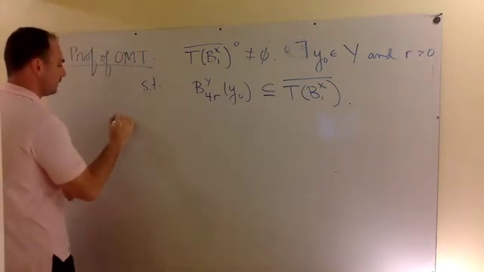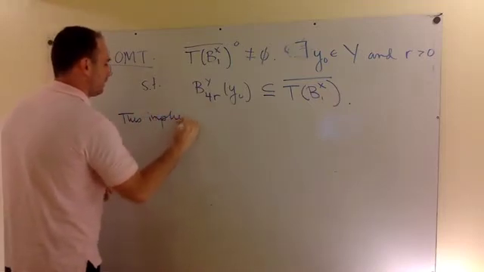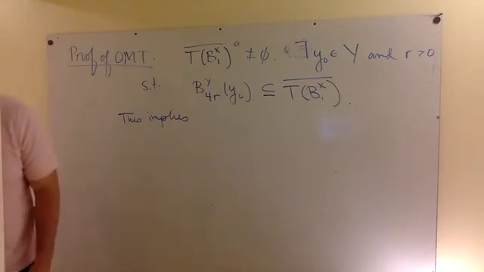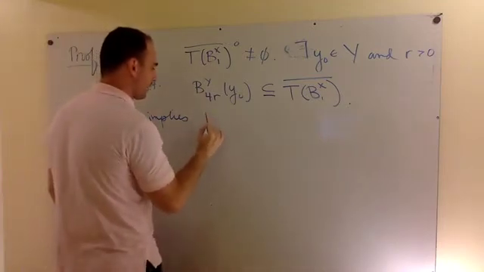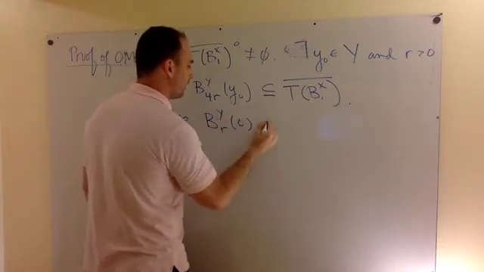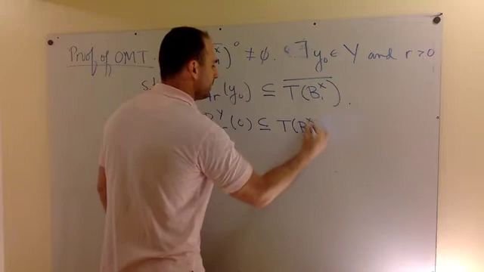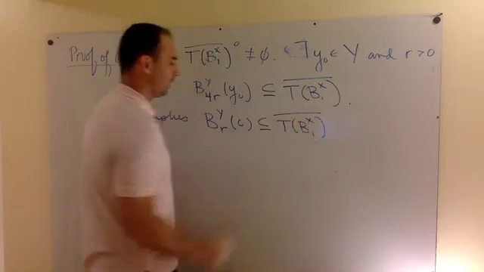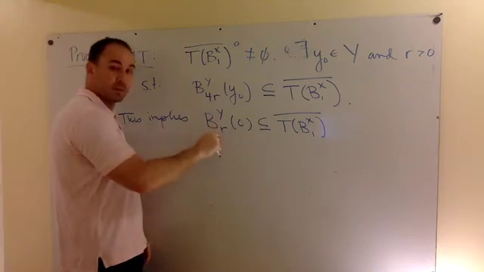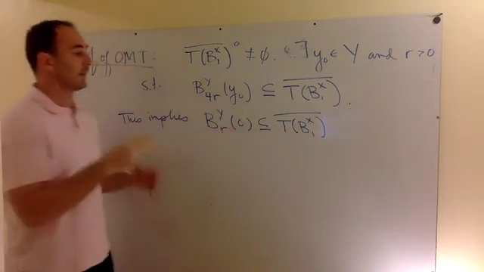This implies that B_r(0) in Y is contained in the closure of T(B_X(1)), like that. Okay, and so here, notice I've reduced the radius, used some triangle inequality things, and I get that.